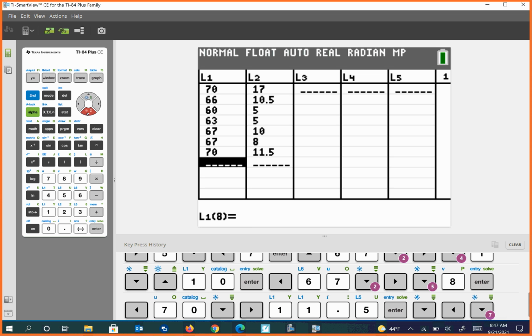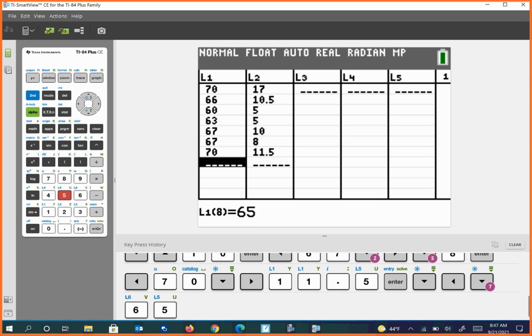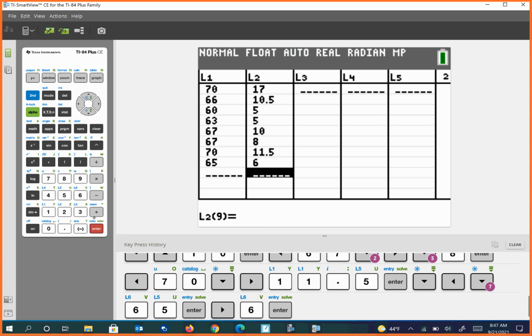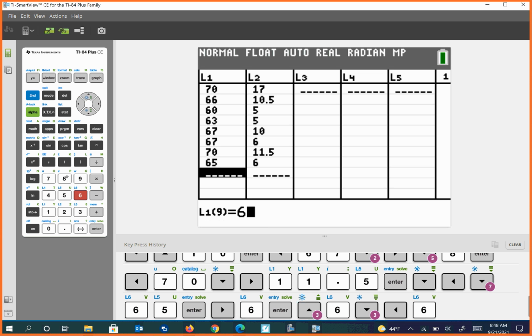65, and then 6 in men's. Wait, so I can't do 6 then, because I'm 8 in women's. Are you the 67, 8? Yeah. So you're 6. Okay. Go ahead. 68 and 12.